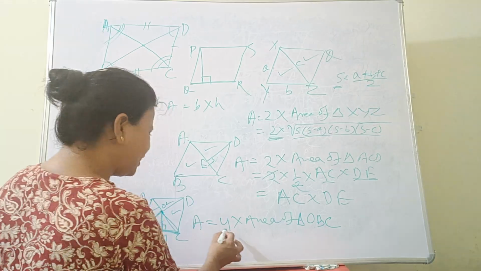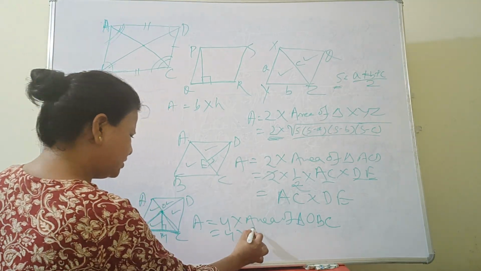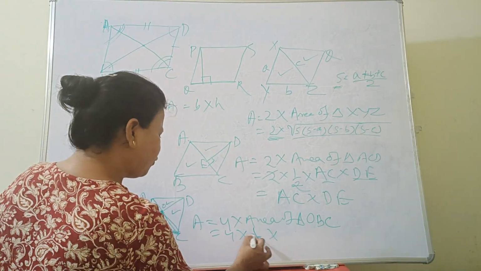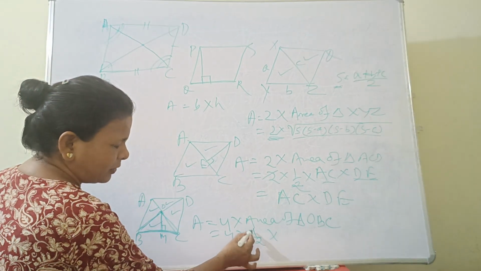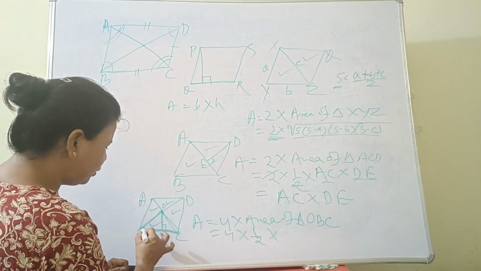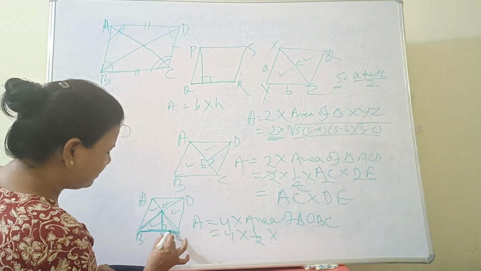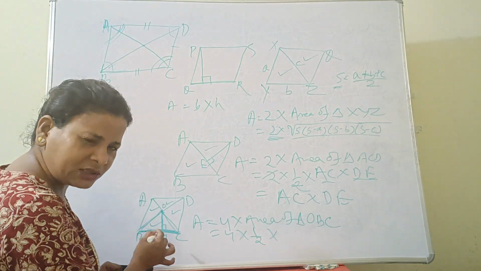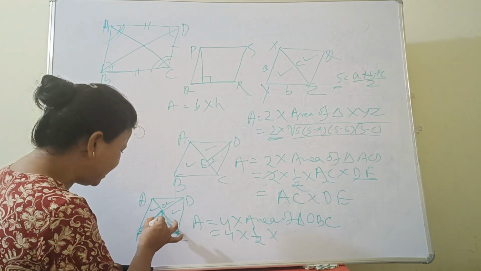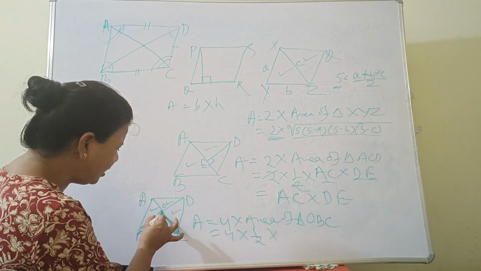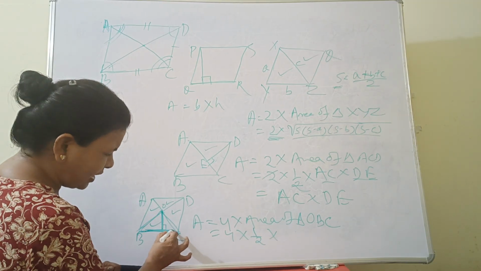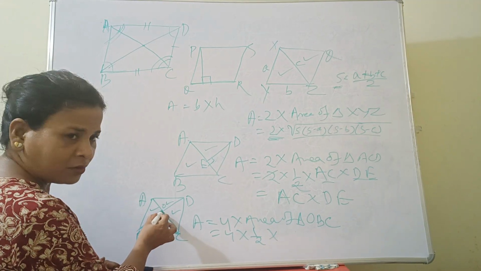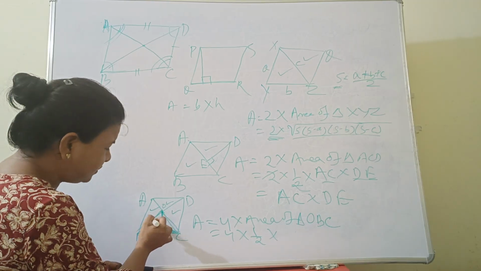And how to find out the area of triangle OBC? For getting the area of a triangle, how to apply the formula? 1 by 2 into base into height. Base means the side of the parallelogram which is given, and height means the perpendicular drawn on this side from the point of intersection of the two diagonals.